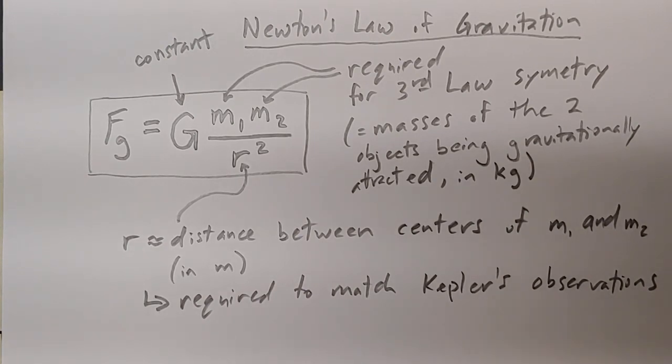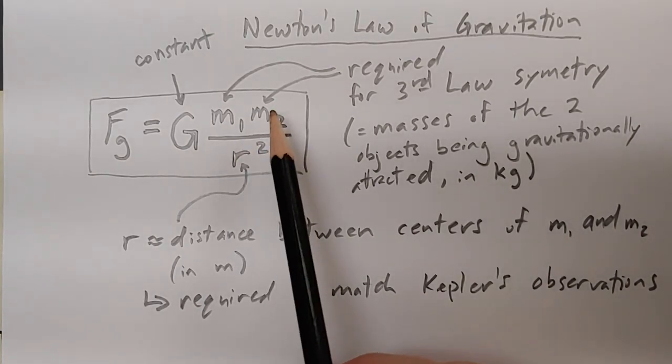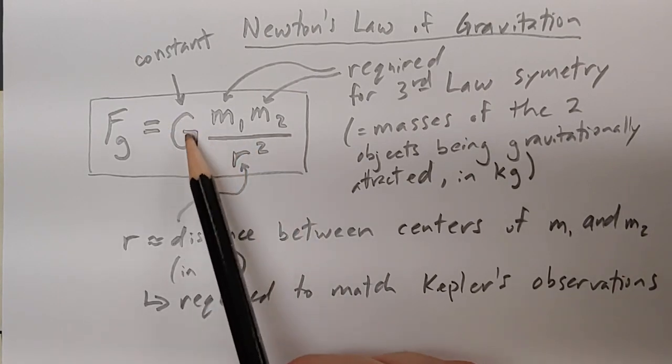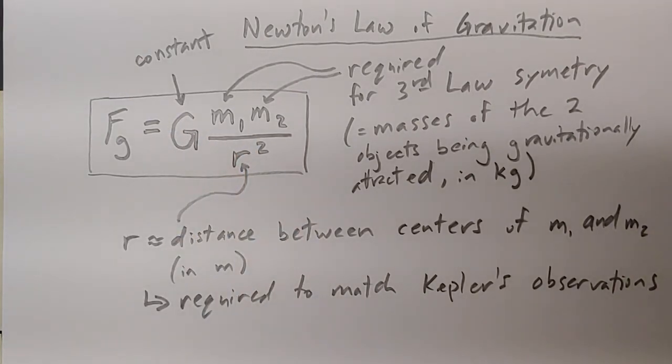But we need to know that the equation itself exists, and that this is going to tell us the force of gravity between any two objects anywhere in the universe based on just four parameters: the masses of the two objects, how far apart their centers are, and some sort of constant which is going to apply everywhere in the universe.